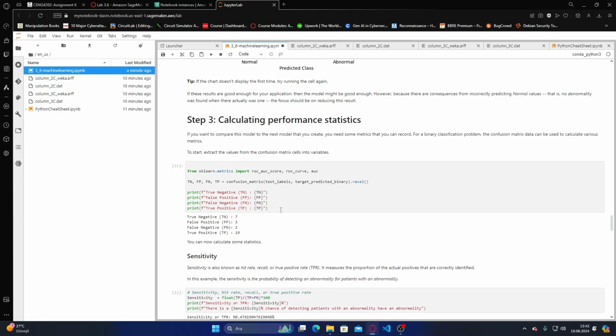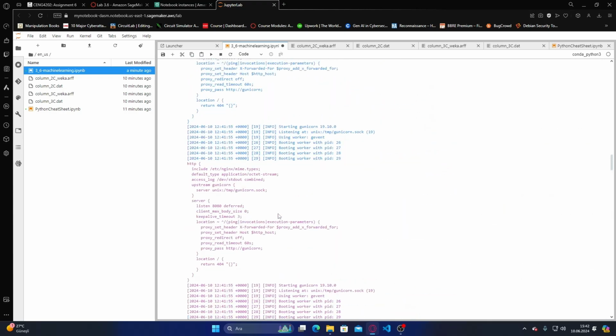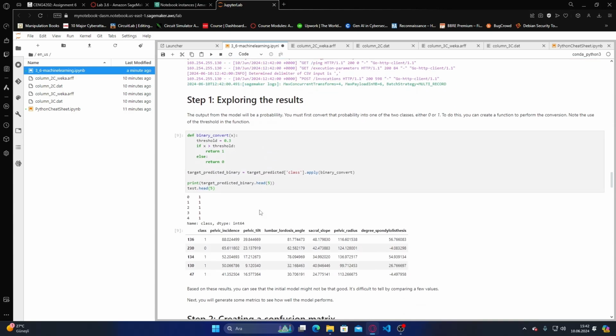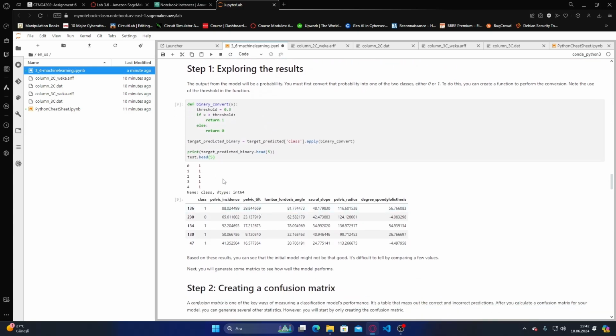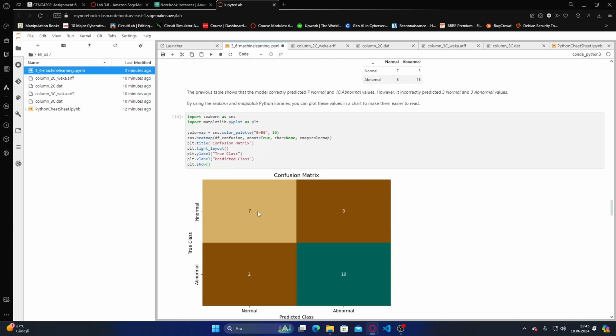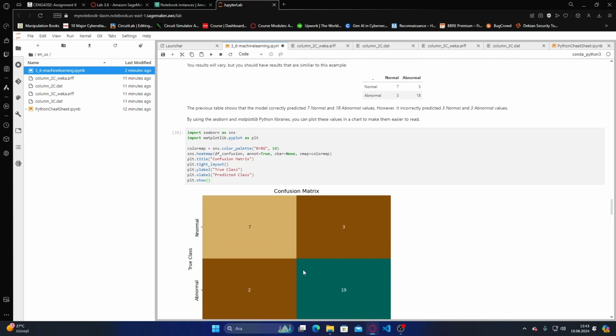Okay, it says this has been run, but I'm not sure why it has not run. Okay, it's run now. The test data is here. So if we change the threshold, then our confusion matrix could change, and it's just displaying how the confusion matrix looks.